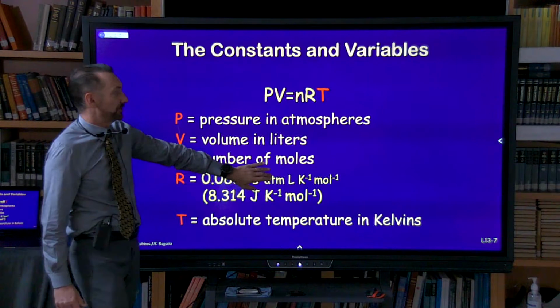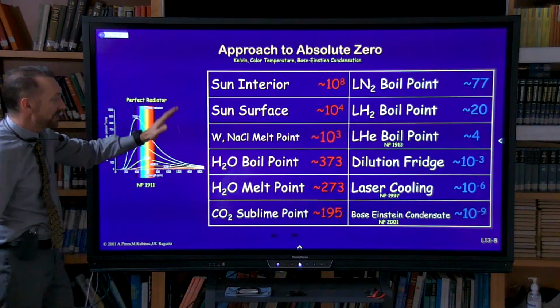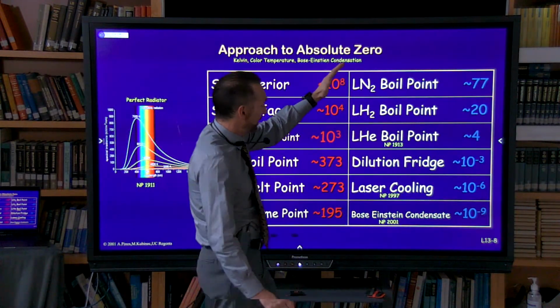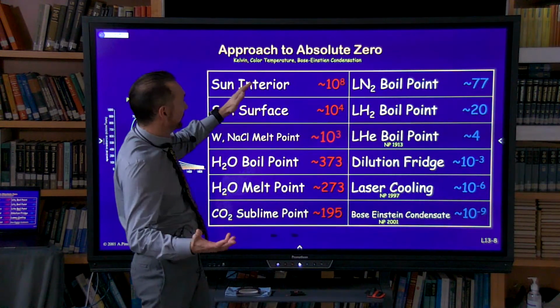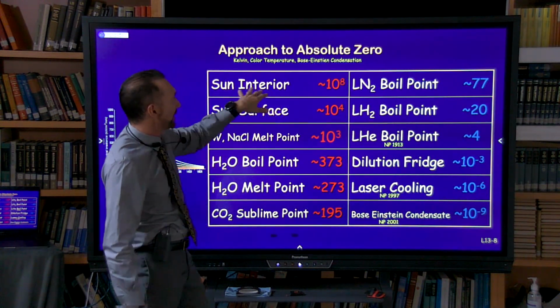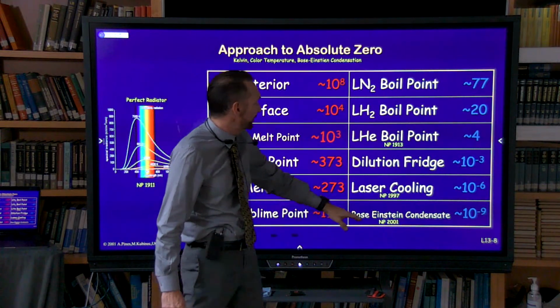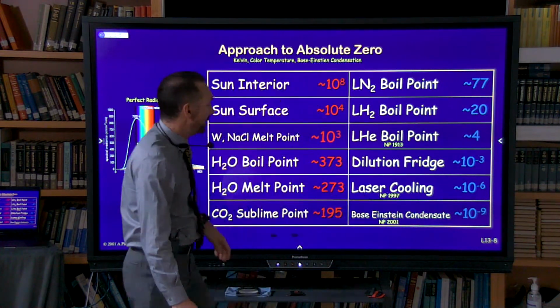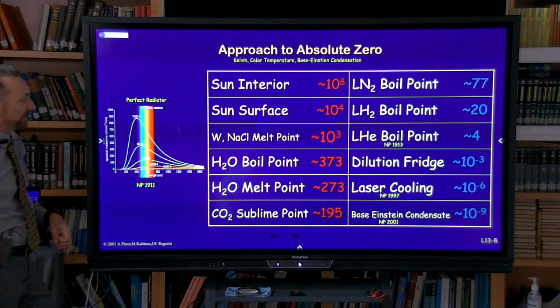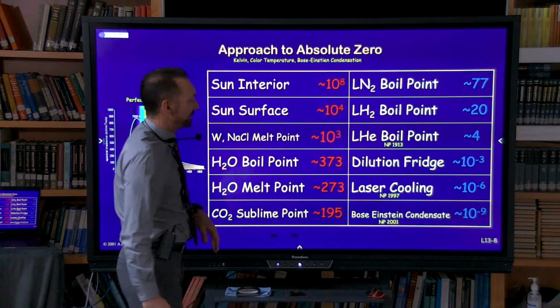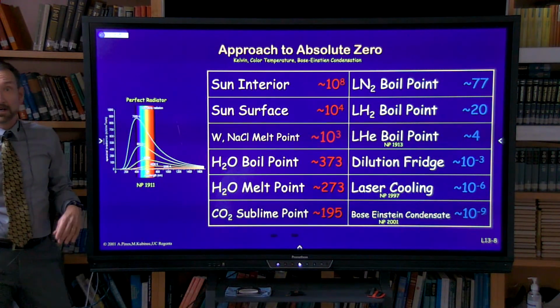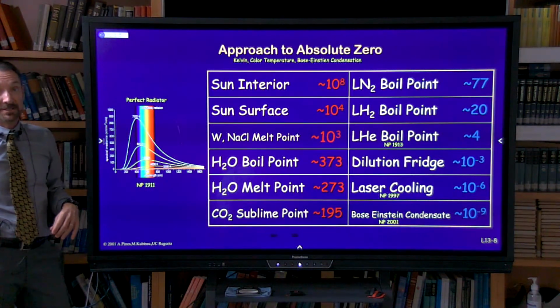And we talked about last time the range of temperatures that are noticeable, that can be achieved in the universe, the interior of suns, stars, and the Bose-Einstein condensate, a few billionths of a degree within a few billionths of a degree of absolute zero.